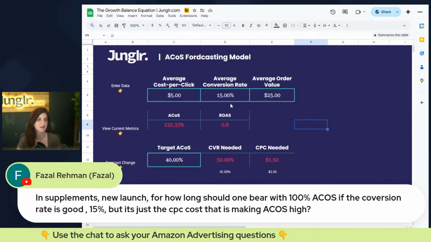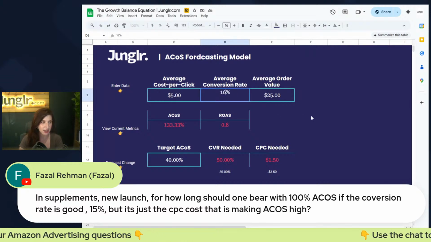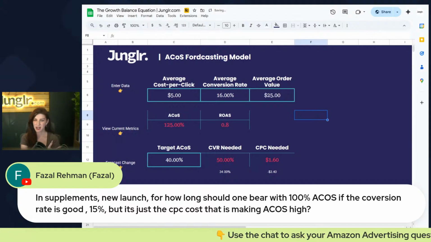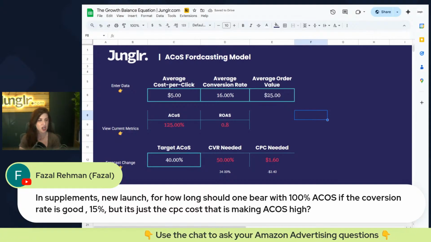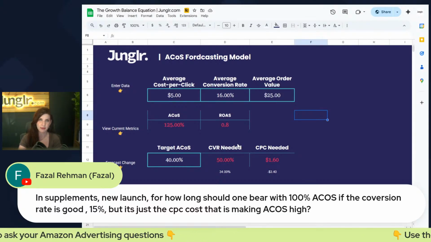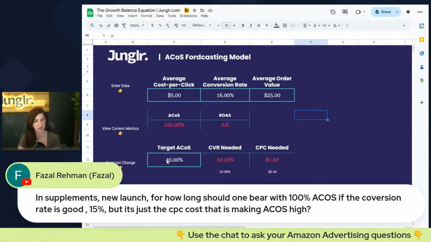So if your average unit session percentage is 15, maybe you can get a 16% average conversion rate in your ads, which technically would bring down ACoS, but that's not much. So really the major thing you're doing is lowering your cost per clicks. You can do that through optimization over time, but there's only so much you can optimize bids before you lose all impressions, which becomes a major problem.